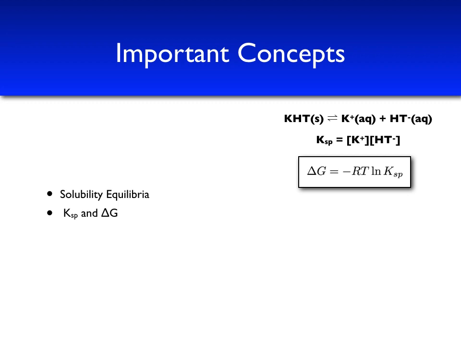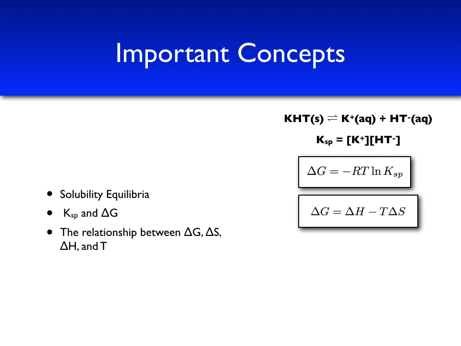Delta G depends on several factors, namely the temperature and two other thermodynamic properties, the entropy change, delta S, and the enthalpy change, which is delta H. All of these factors are combined in the equation delta G is equal to delta H minus T delta S.